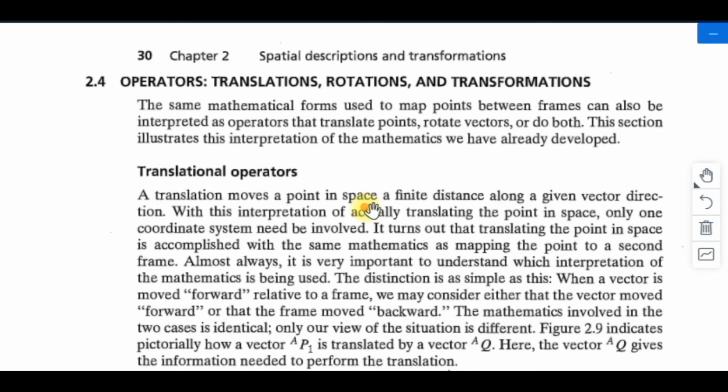It may go forward or backward. It depends on the reference, how you consider the reference. You may consider any coordinate as a reference.